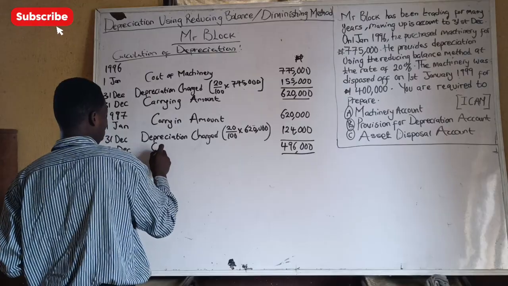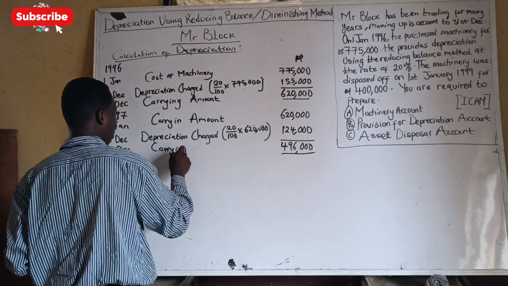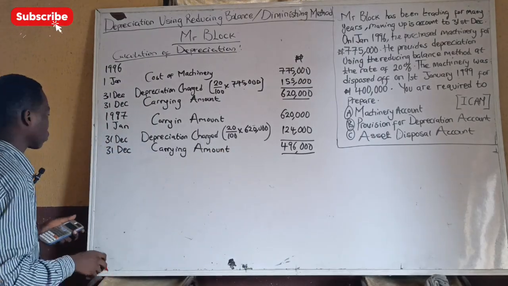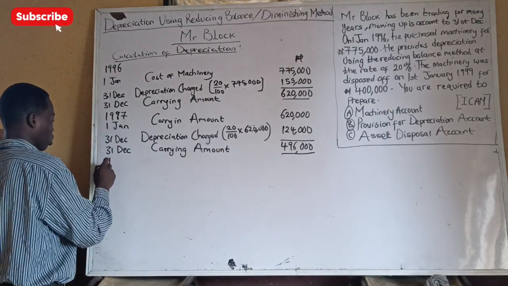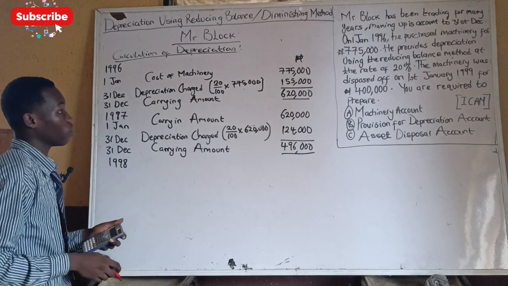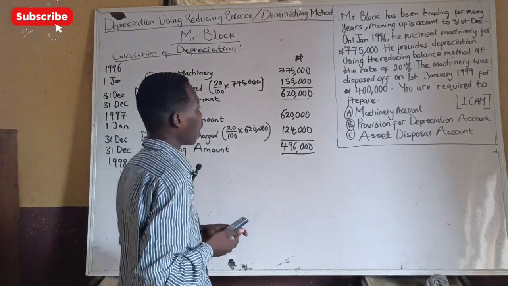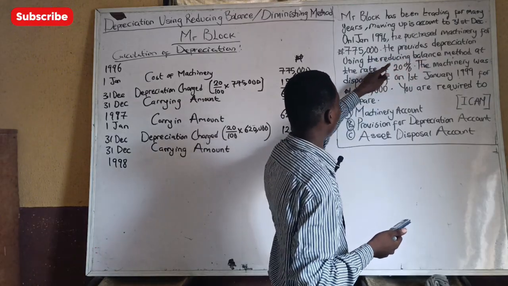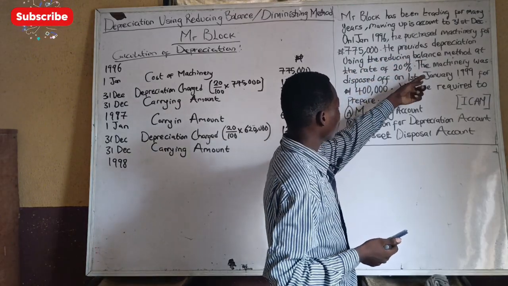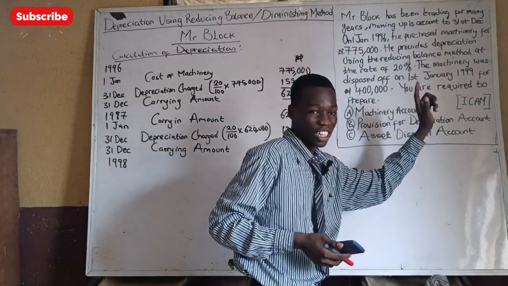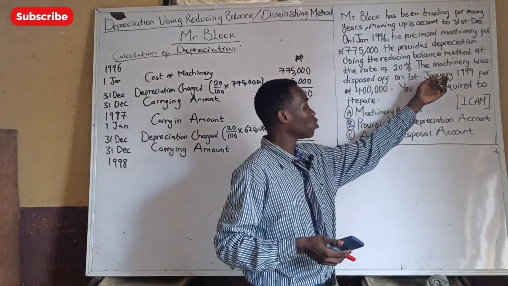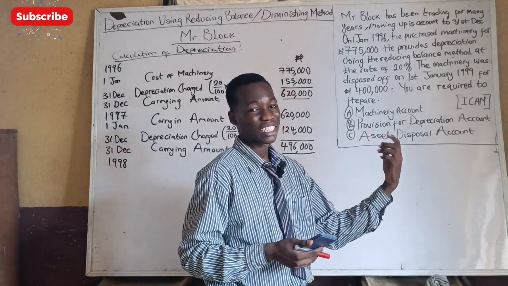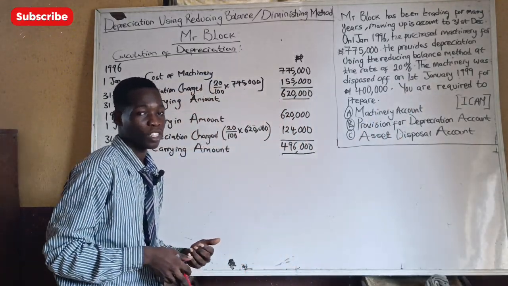Don't forget, I said it the other time, carrying amount is the same as net book value at the end of the year. So when we move to year 1998, the question says it provides for depreciation at the rate of 20%. The machinery was disposed of on 1st January 1999. So the machinery at 1st January 1999 is the value at the end of 1998. You get my point now?